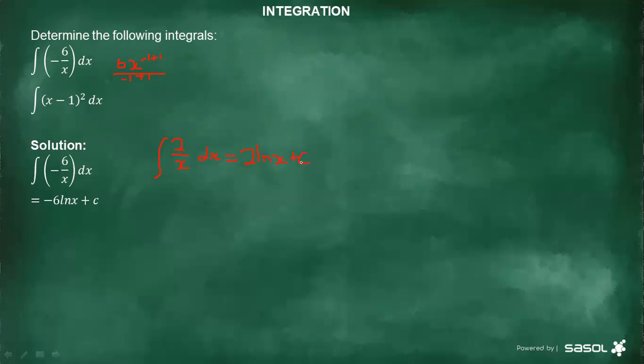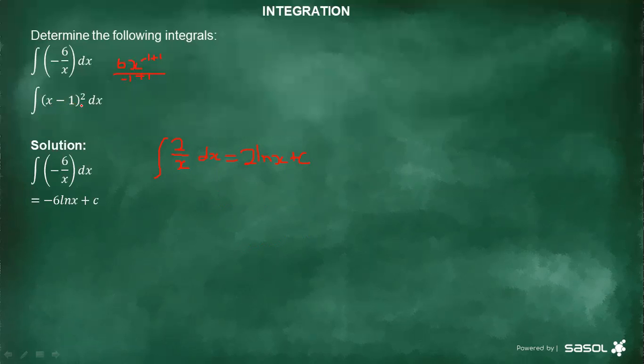The second question, the integral of (x minus 1) all squared. Now, if you remember the rules of differentiation, once you have a bracket, you have to get rid of that bracket first before you can start differentiating. The same applies with the integral. We cannot start integrating this.